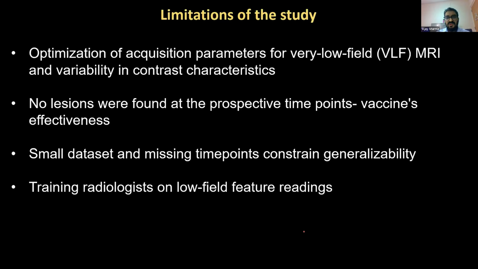Also, on low field, it's challenging to train radiologists to detect these infectious features.